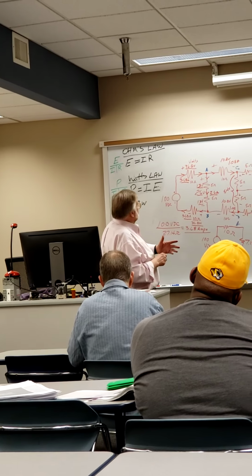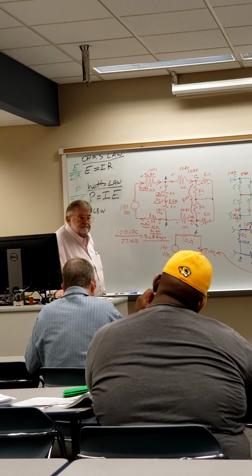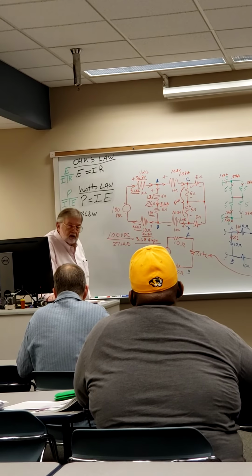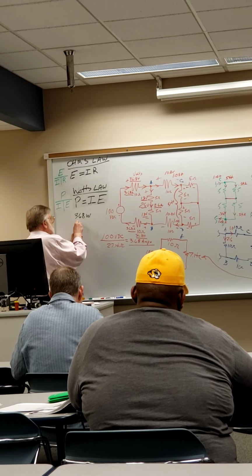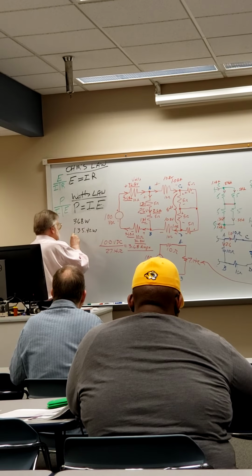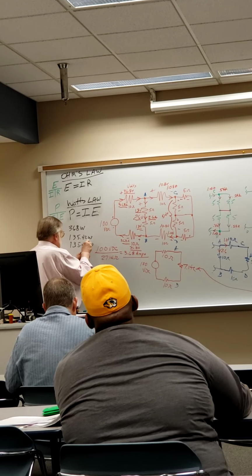What is 3.68 times 36.8? 135.42. How much? 135.42. So I have 135.42 watts twice. Those are your 10 ohm resistors?